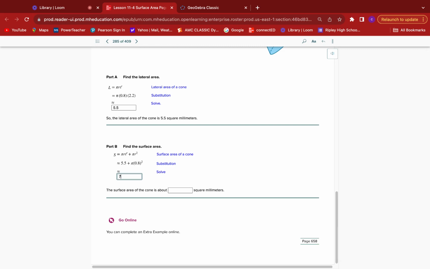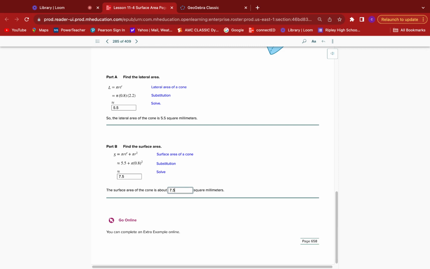And we get basically 7.5, actually 7.51, but the 1 doesn't make the 5 move, so 7.5 squared millimeters. All right, there we go. There is example number 5.